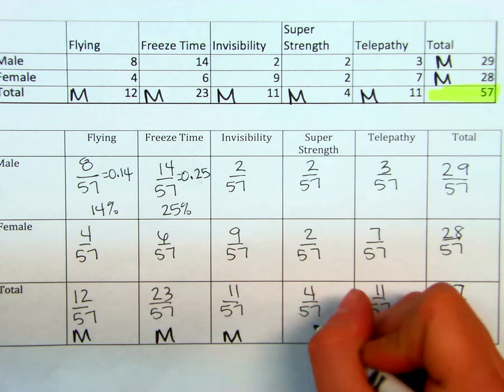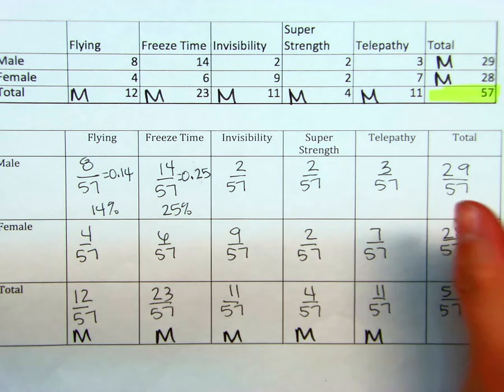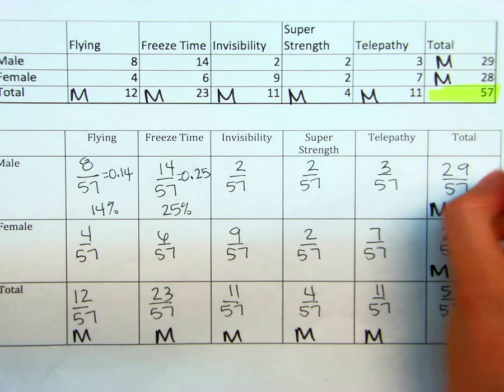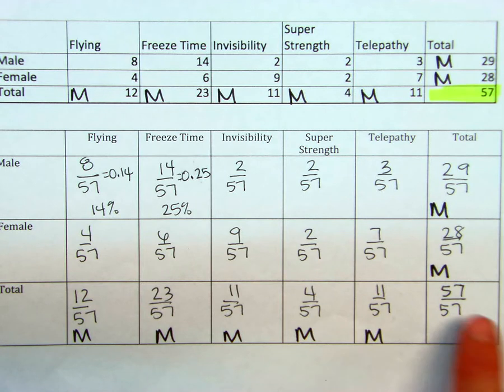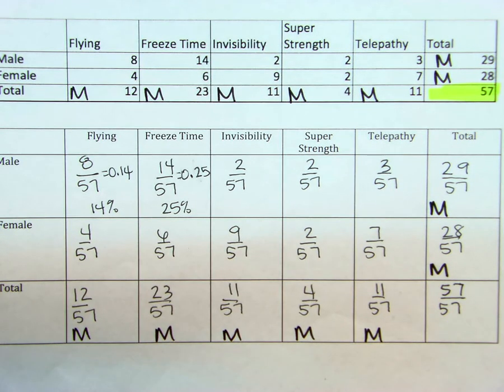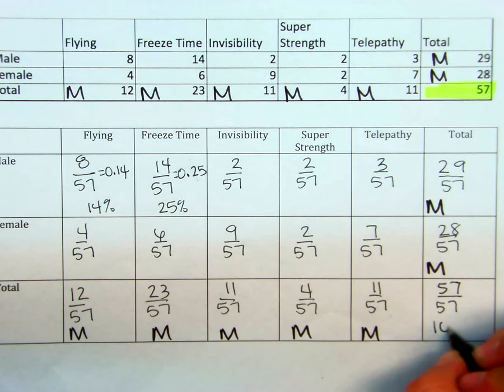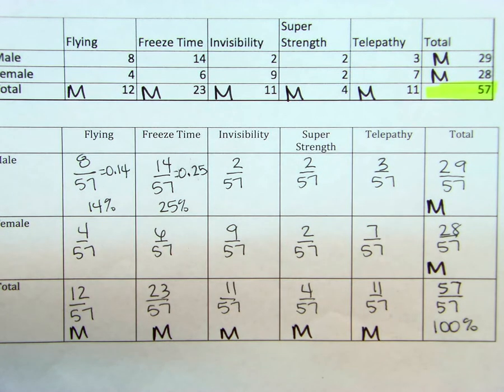It's going to be in the same spots because those are our totals. The only one that's excluded is the total. Now, this should always equal 100% because if you're ever dealing with percents, when you're talking about the whole, it's always 100%. Make sure you have this table copied down.